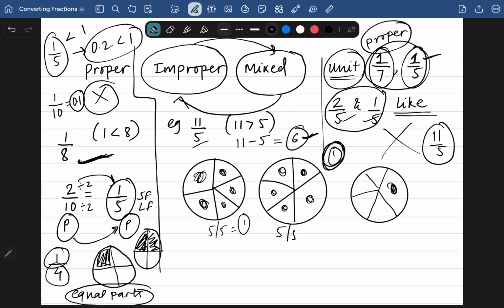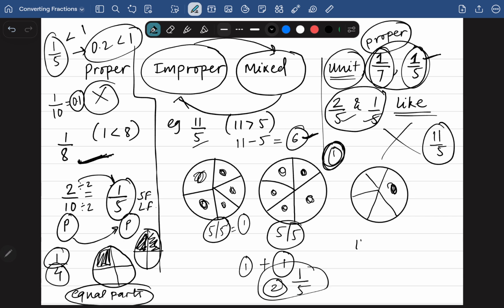Two of them were complete pizzas, in which I required all the slices. Here I wanted 5 over 5, and here also 5 over 5. So if I add these two pizzas, 1 plus 1, I get 2 complete pizzas. And for the last one, I needed one part of the total 5 parts.